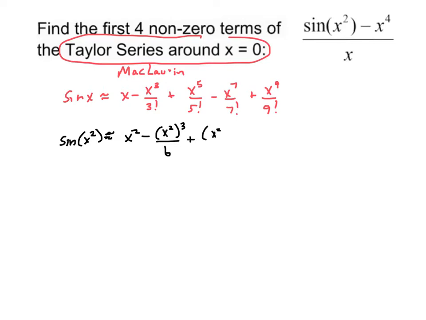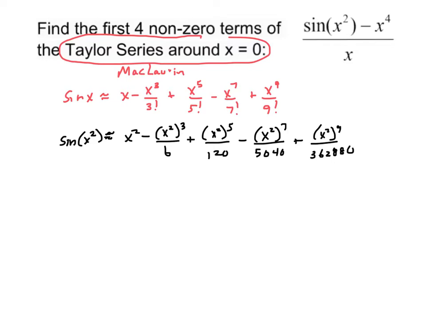X squared to the 5th over 120. Seven factorial is 5,040.